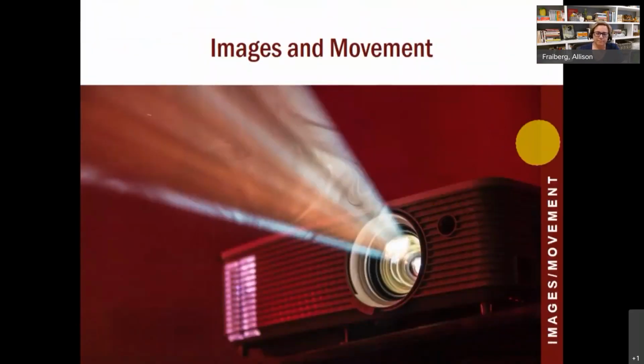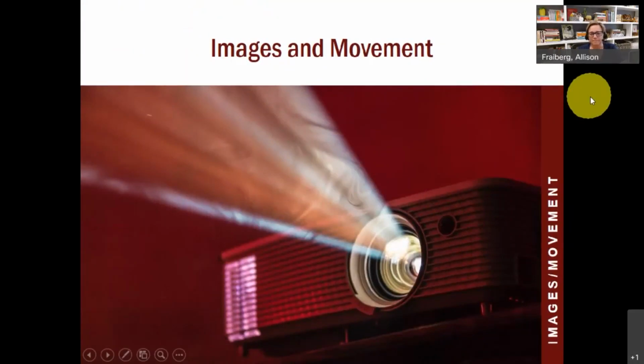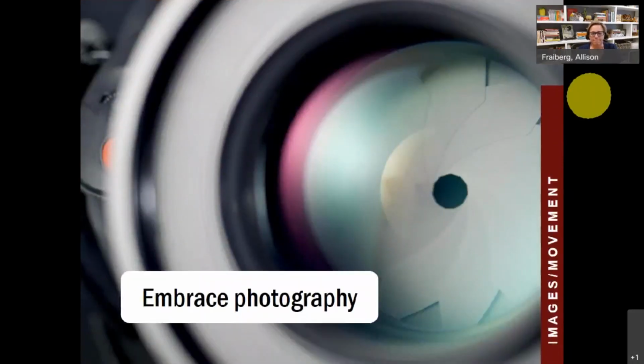All right. Images and movement. Embrace photography. Those old clip art photos and the pixelated stretched photos that you grabbed online, those aren't going to cut it. Embrace the tone of your project. If the tone of your project is professional, get some professional images out there.